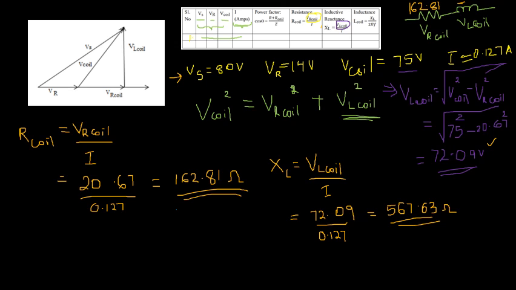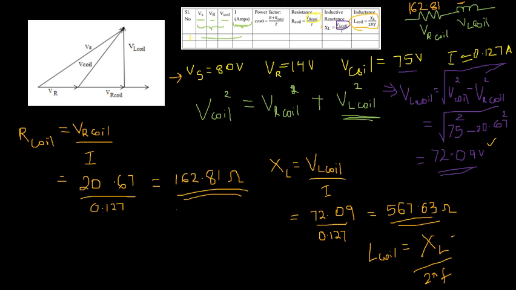From this, to calculate the inductive component, the L coil, I can use the equation XL divided by 2 pi f. You know XL is equal to 2 pi f L, so L coil is equal to XL divided by 2 pi into f. It depends upon the frequency.